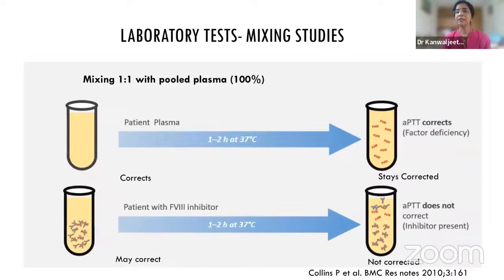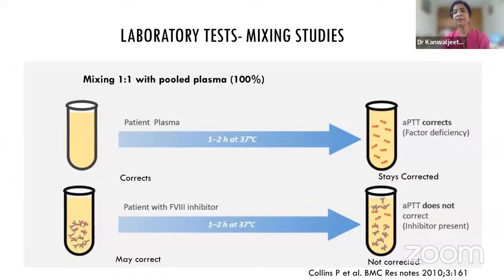The next test is the mixing study. In the mixing study, the patient's plasma is mixed 1:1 with the pooled plasma, which is assumed to be 100% factor 8, 9, and 11. After mixing, we incubate it for 1 to 2 hours at 37 degrees centigrade.